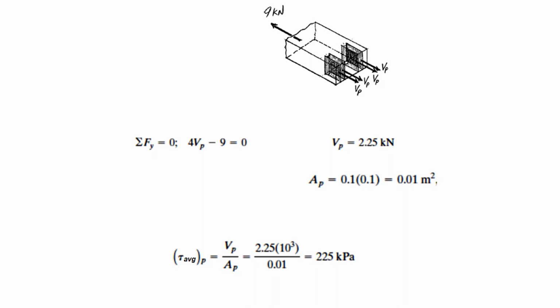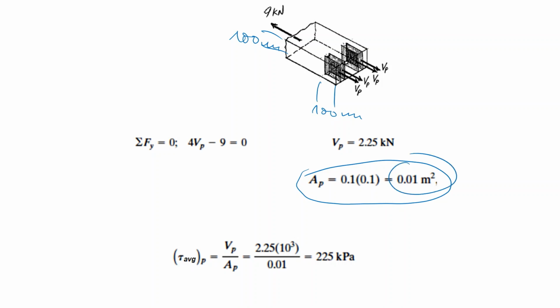What we have to do is to calculate the area. We know that the length was 100 millimeters and the thickness was also 100 millimeters. That is the sectional area, and force divided by the area is the average shear stress in the critical sections of the plate.